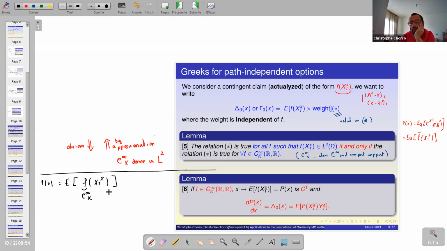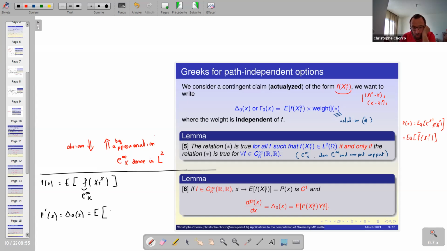I will be able to use the Lebesgue regularity theorem in order to say that P is of class C1, and in order to compute P prime of x, that is just the delta at time t equal to 0 in this situation, I can just compute the derivative under the expectation. So I will have the expectation of the derivative with respect to x of this one.